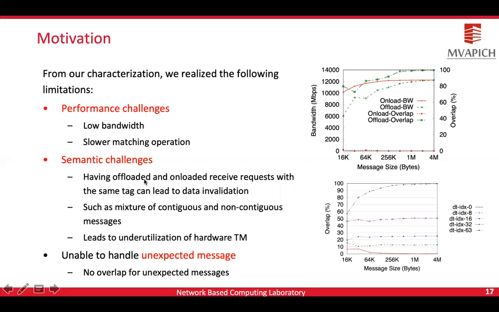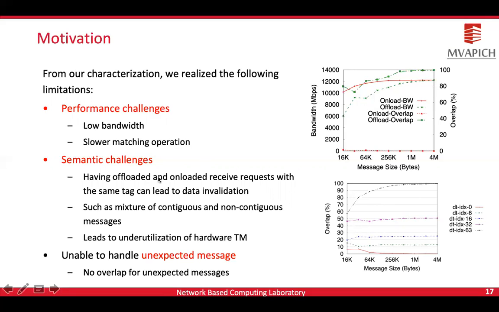Another challenge is semantic challenges. Hardware tag matching mandates that no offloaded and unoffloaded receive requests exist at the same time with the same tag. Otherwise, it will lead to data invalidation.